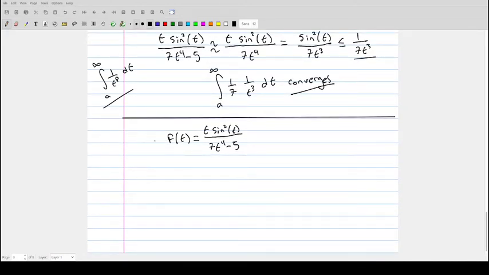And we know that this, for any value of t, is always going to be greater than or equal to 0. And similarly, this is going to be less than or equal to t over 7t to the fourth minus 5t to the fourth.